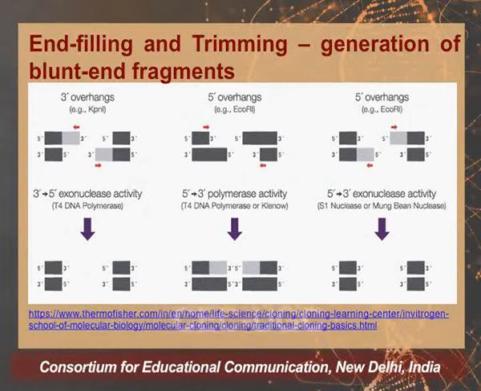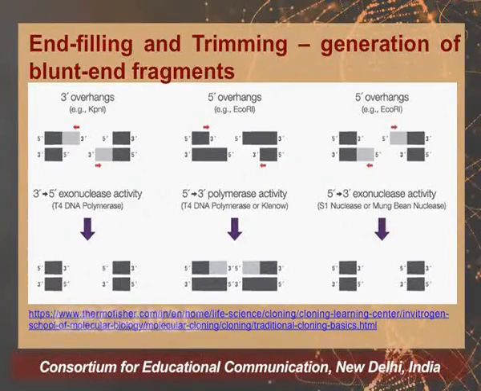So, for example, in the first case there are 5' overhangs, and these overhangs can be degraded by the 3' to 5' exonuclease activity of the polymerases and they will generate the blunt ends that can then be ligated. You have two incompatible sticky ends, which you have trimmed to make the blunt end fragments that can then be ligated.